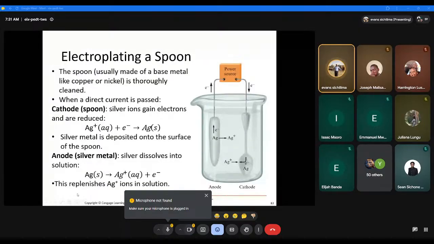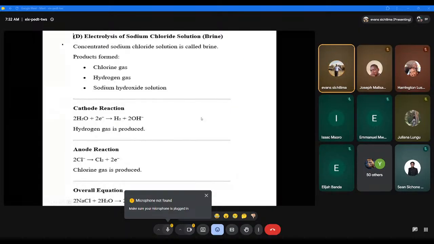So this replenishes the silver ions in the solution, or in the electrolyte. So it's a simple process. You just put the silver, you connect to the spoon, then you have the power source, and then those ions begin to migrate, receive electrons, and settle on the surface of the spoon smoothly, and they are distributed evenly.